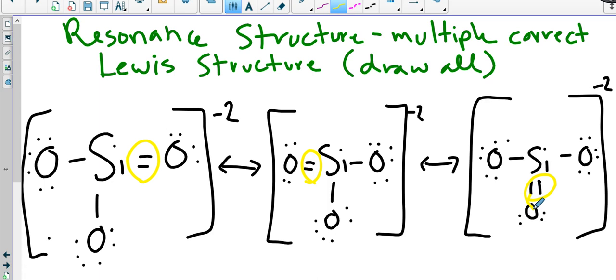Really, the thing is, there's a single bond and a double bond here, and the real answer is an average of all three. So the real bond on all these is 1.33. The bond order is what it's called. It's an average. So the real answer is 1.33 for the bond length on all three, and this shows that. But this is called the resonance structure.